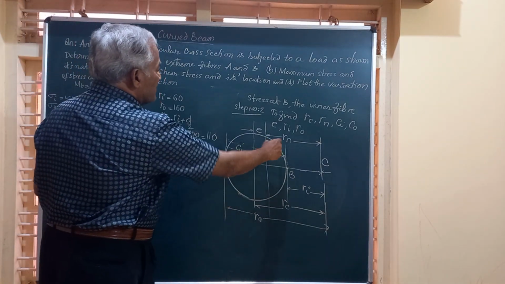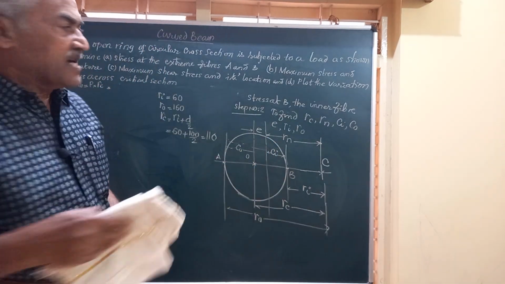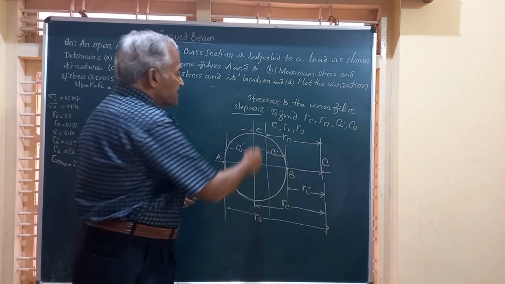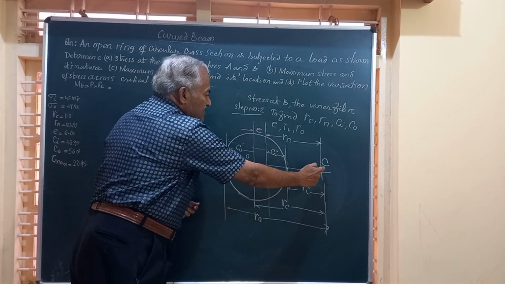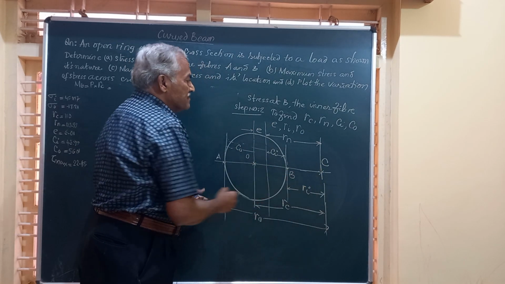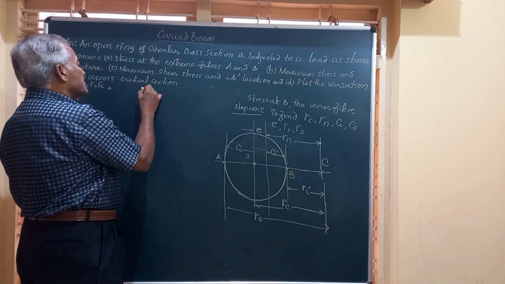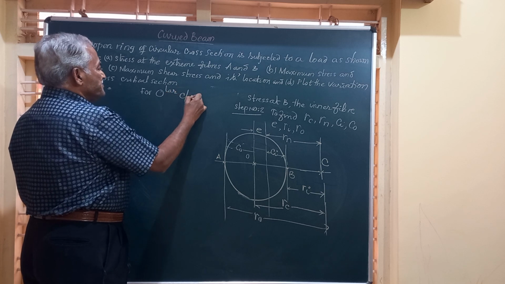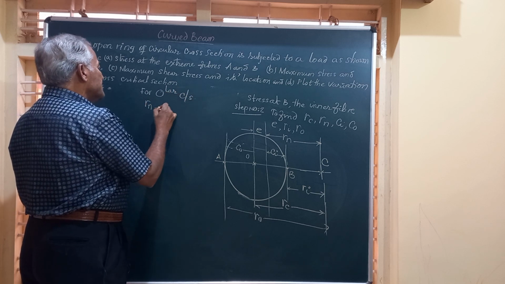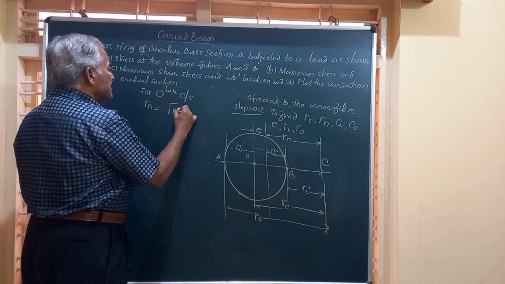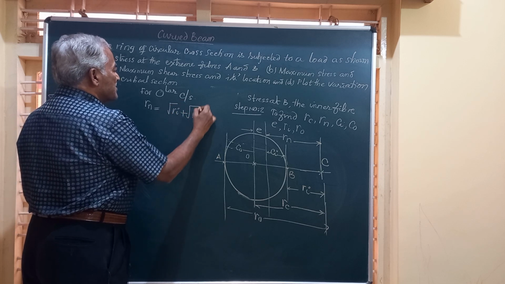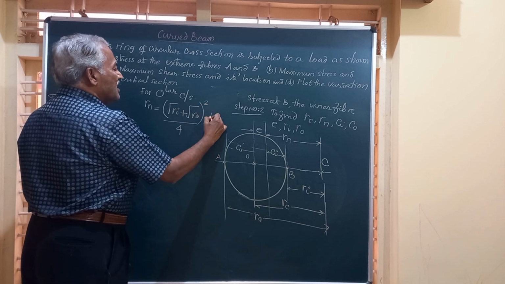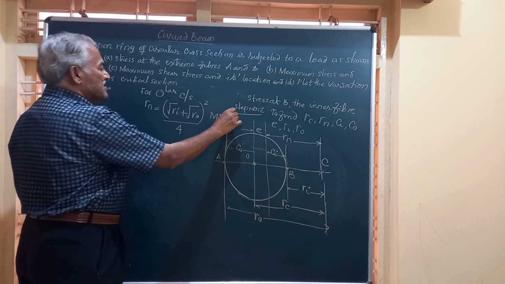Next, we have to find out what Rn is. Rn stands for the distance of the neutral axis from the center of curvature C. For a circular cross section, if you refer to the data handbook, Rn is given by the square root of Ri plus the square root of R naught, whole squared, divided by 4, a formula available in the machine design handbook.